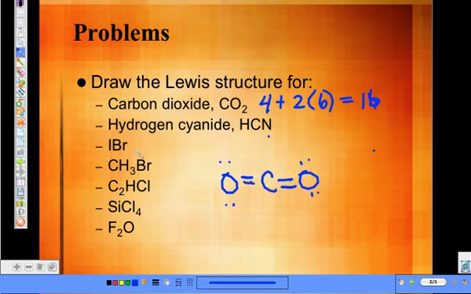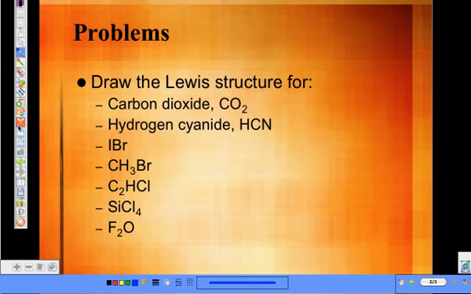Hydrogen cyanide, also known as cyanic acid. So hydrogen has 1 valence electron, carbon has 4, nitrogen has 5.